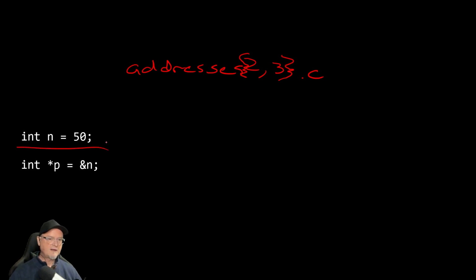Here what we've got is we've declared and initialized a variable called n, and then we can declare a new variable. Notice we're using the dereference operator, and we'll call this one p, and this is a pointer. And here we're storing in the pointer the actual address of the variable n.